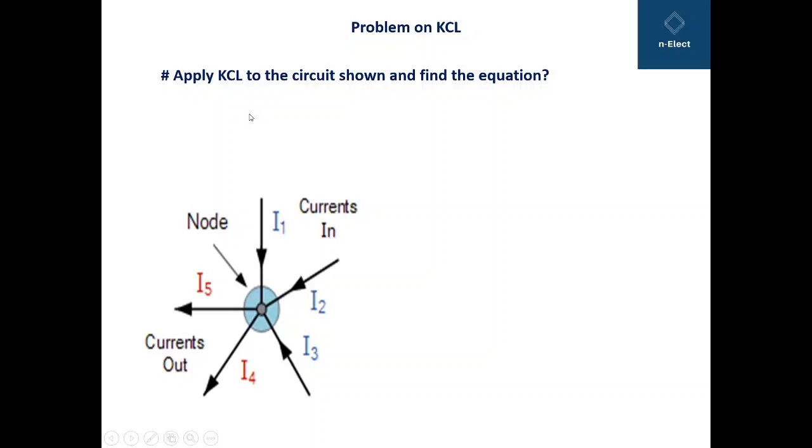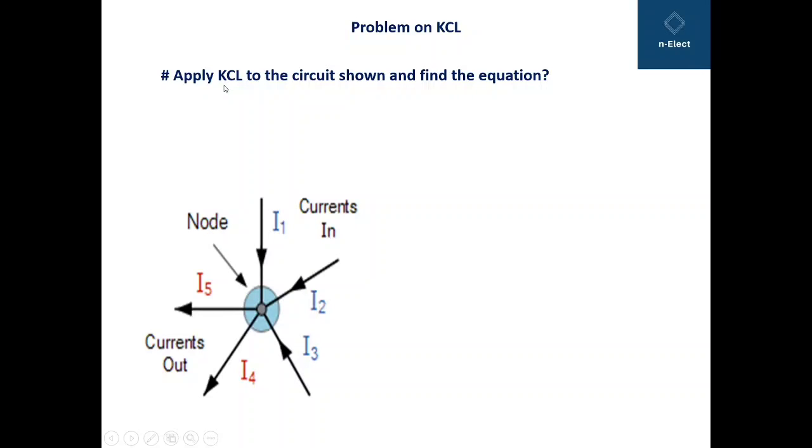So, a problem on KCL. We are going to see one diagram where we have shown the different currents. Some currents are flowing towards the node or junction, while some are flowing out of the junction. This is the node where a number of branches are meeting, this is the outgoing current, and I1, I2 and I3 are the incoming currents.